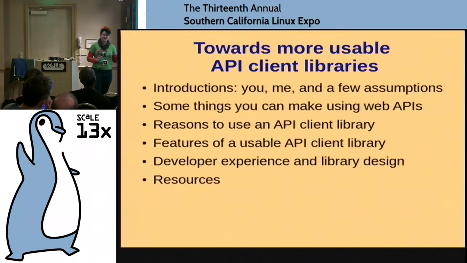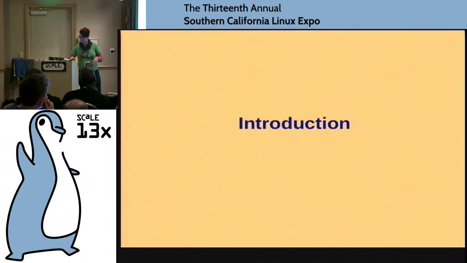I'll talk a bit at the end about developer experience and how that plays into library design, and I'll just mention a handful of resources at the end. I believe these slides will be up online, so you can follow up on the links later. All right, so let's get started.